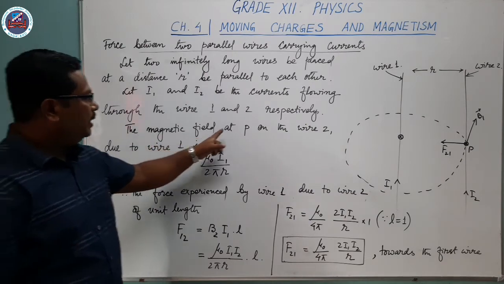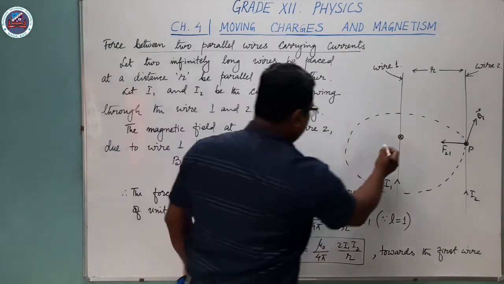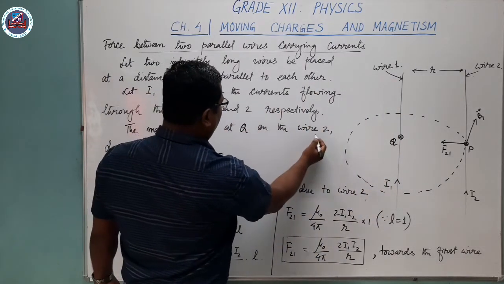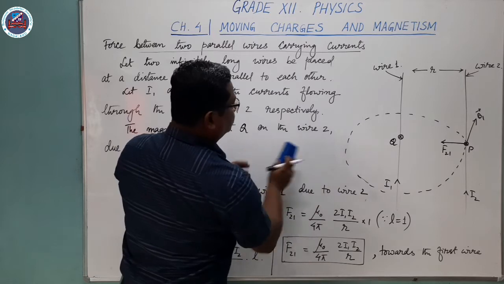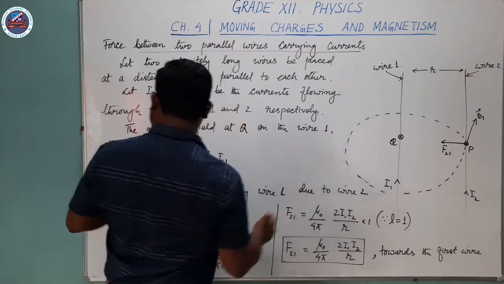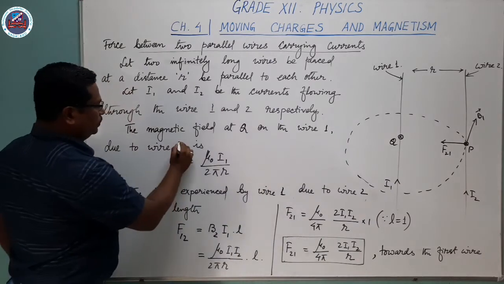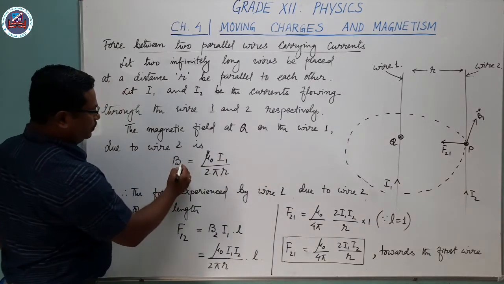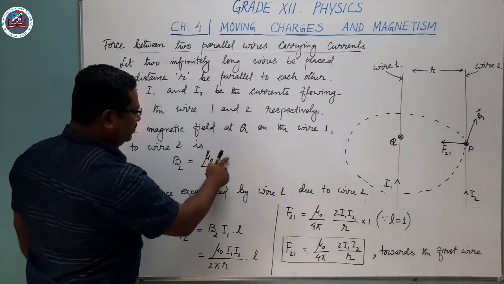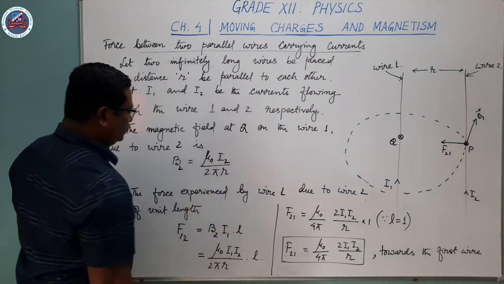The magnetic field at, let us say, Q, on wire 1 due to wire 2 is, suppose, B2. Because of current I2, it will be I2.